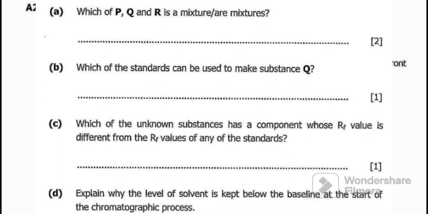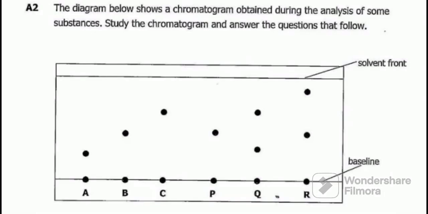If you want to put the correct answer on this question, you compare these unknown substances, which are P, Q and R, to the standards. If they are in the same line, then we can conclude that they are mixtures.